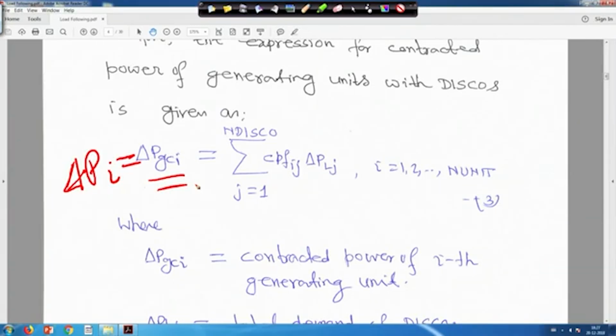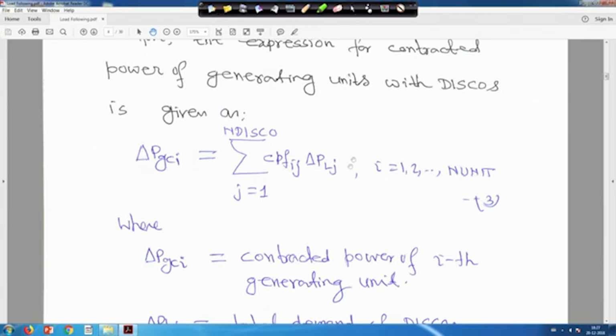It is same as your delta PGCi, the contracted power demand. It is the sum over j equal to 1 to n disco of CPF ij delta PLj, i is equal to 1 to n unit. There we were writing i is equal to 1 to 2 for a GENCO, but here we are writing 1 to n unit, the total number of units. So, here it is i is equal to 1, 2, 3 and 4.